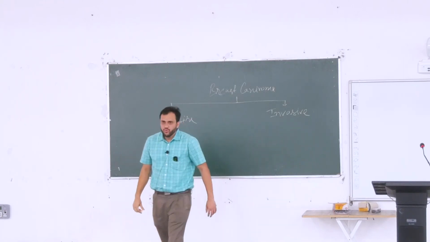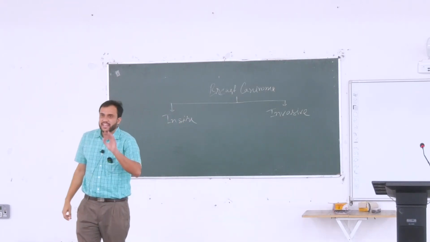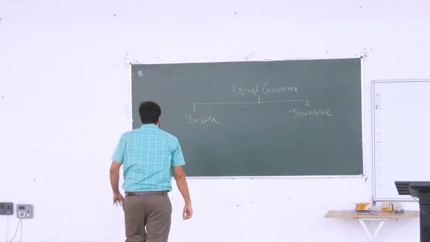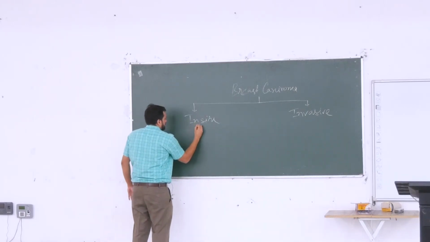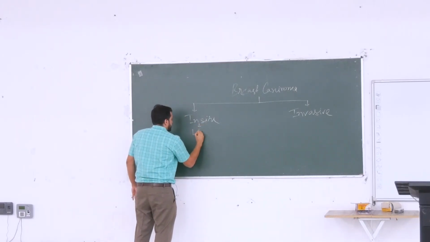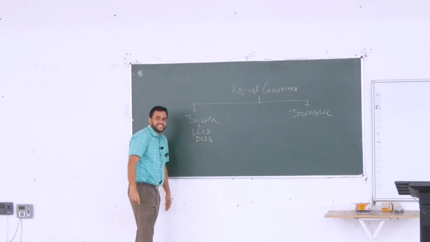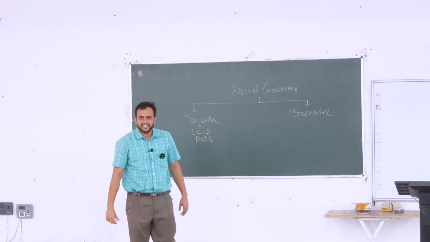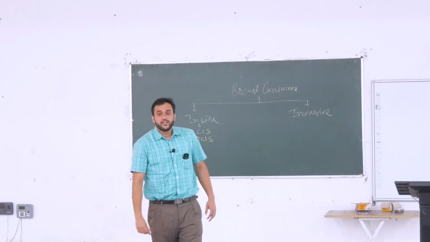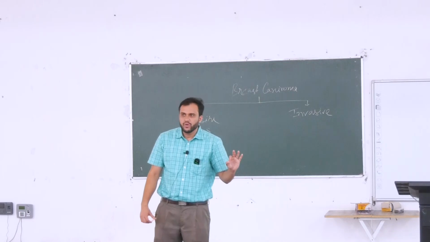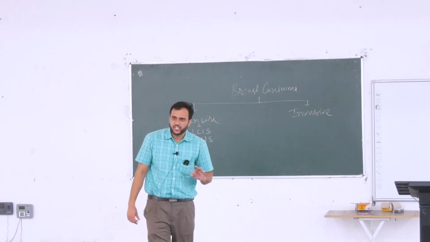If we divide in situ, it's called LCIS and DCIS. So what is LCIS? What is DCIS? Lobular carcinoma in situ and ductal carcinoma in situ.